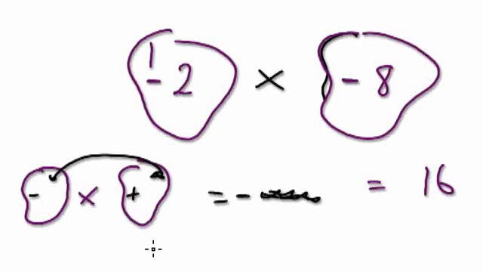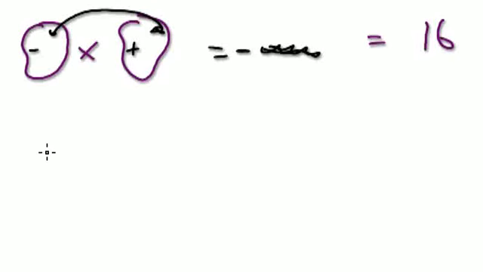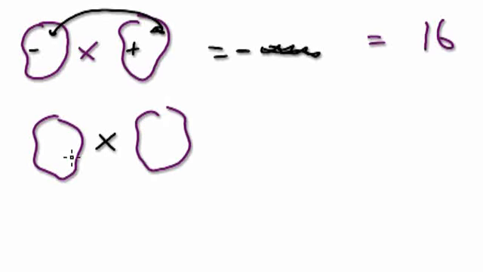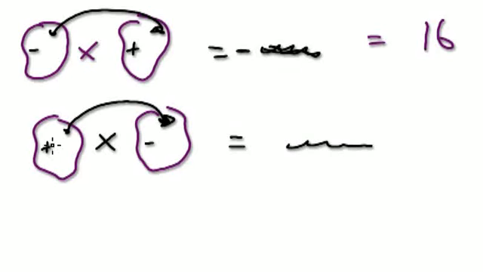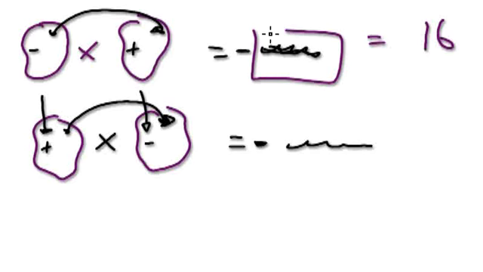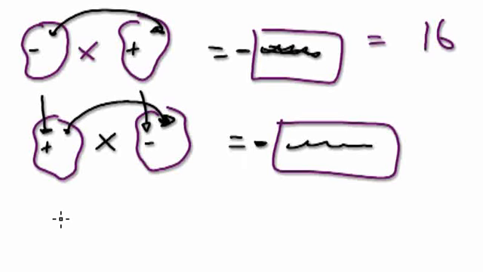Now suppose this one's positive and this one's negative. Just do the number times the number, whatever the answer is. Now look at the sign. This is positive, negative. There's only one negative, so it will be a negative answer.